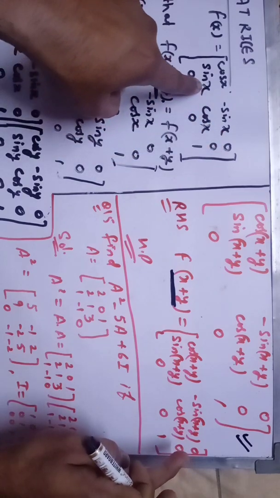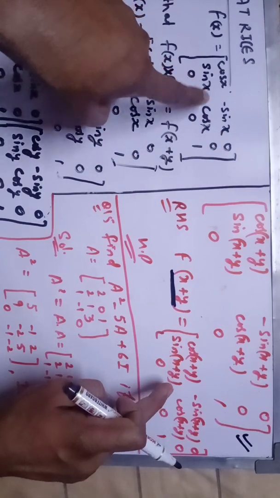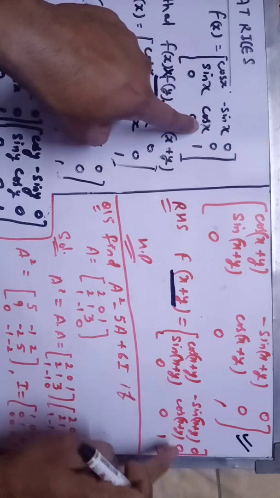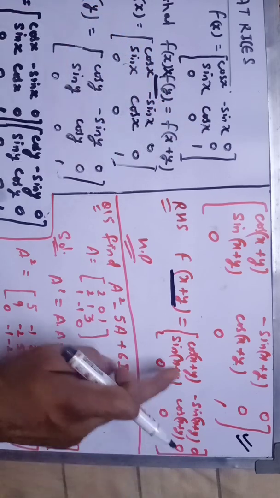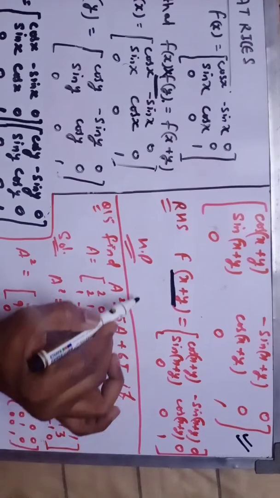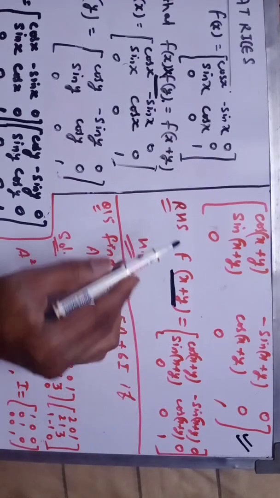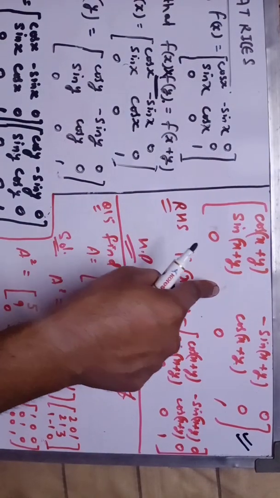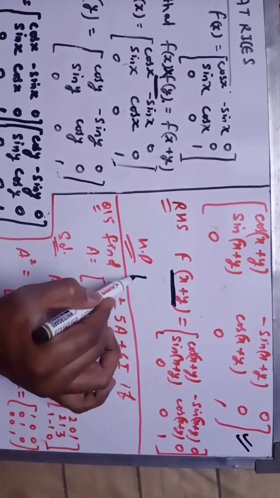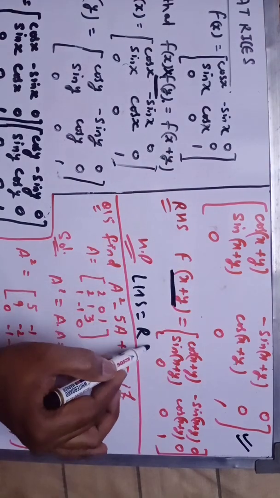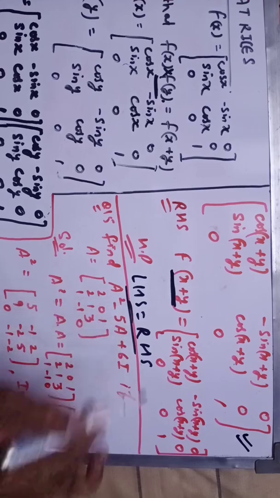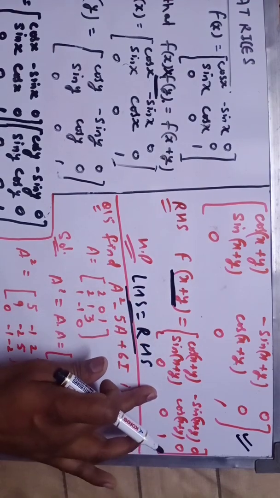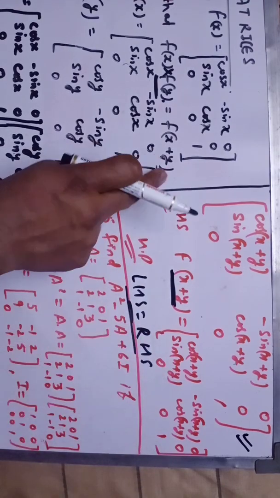Then sin(x plus y), cos(x plus y), and 0 0 1. So here you can say that your right hand side is equal to left hand side. So LHS is equal to RHS, hence proved.